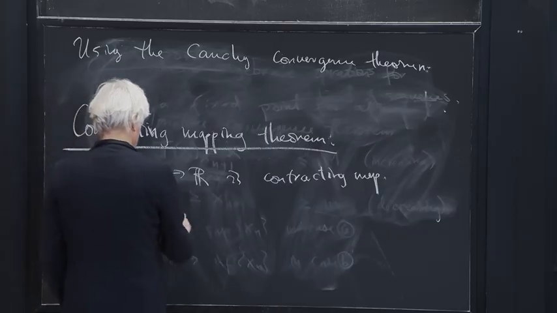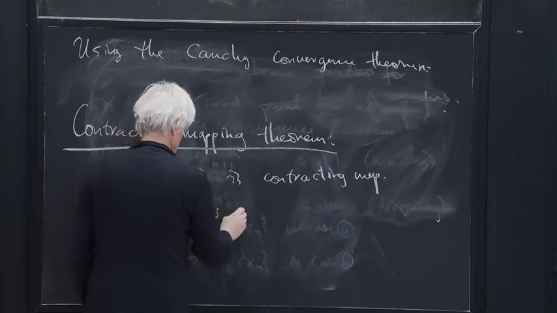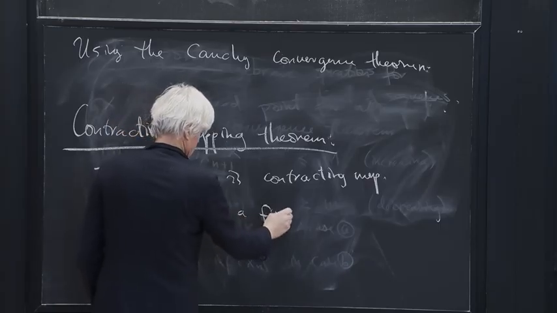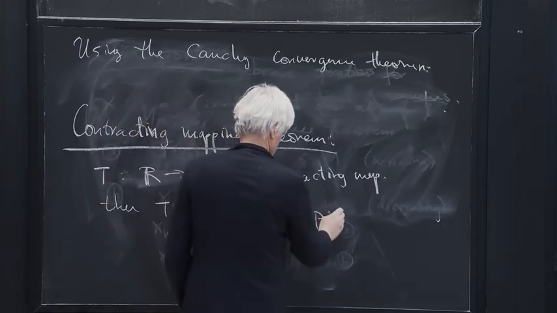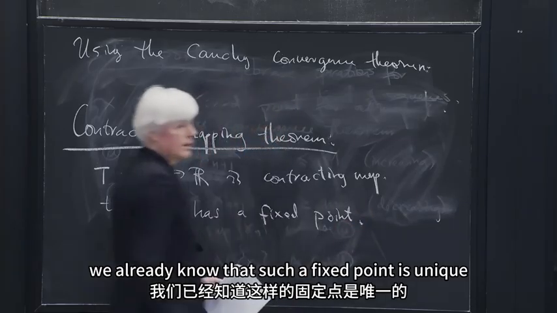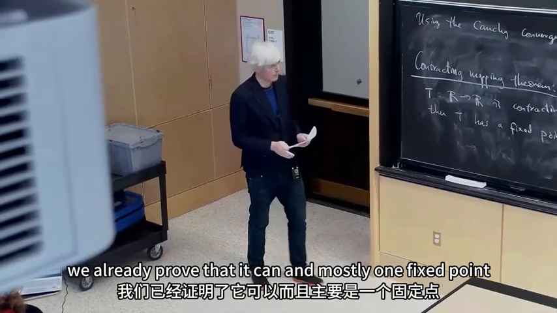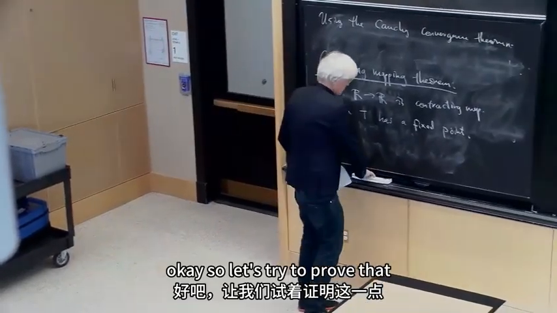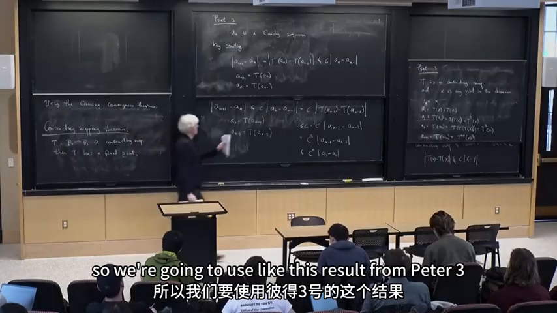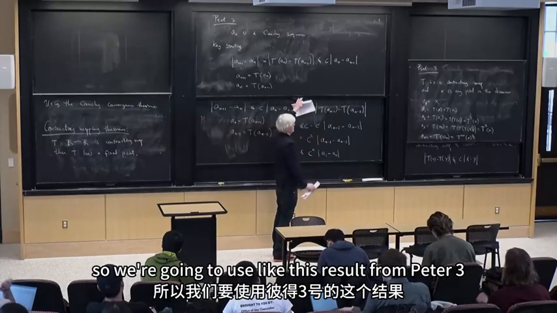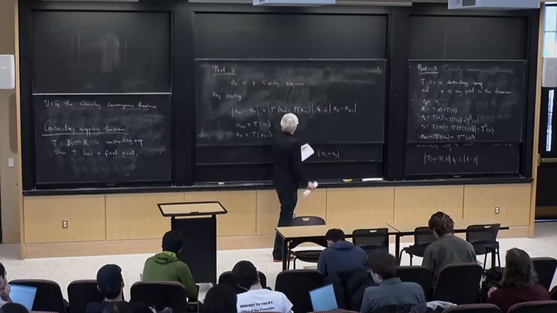Then T has a fixed point. We already know that such a fixed point is unique. Right? We already proved that it can at most be one fixed point. Okay, so let's try to prove that. So we're going to use this result from PCH3.